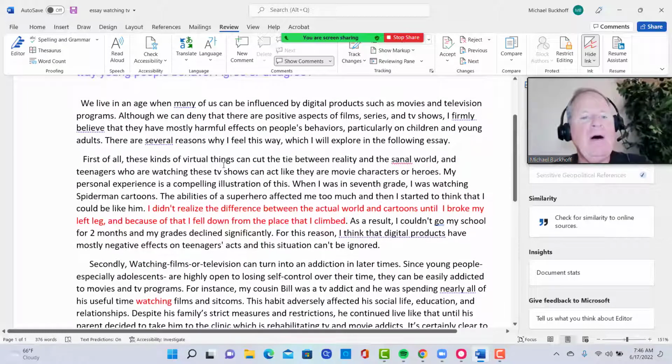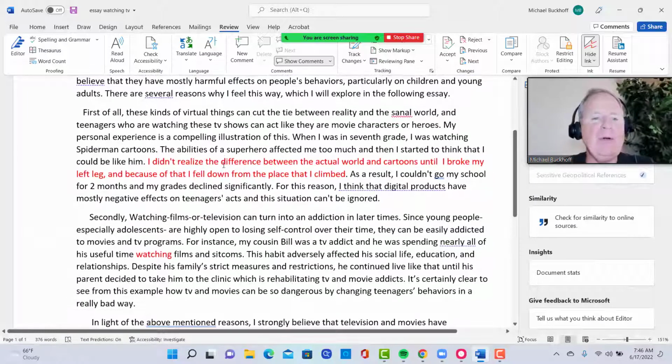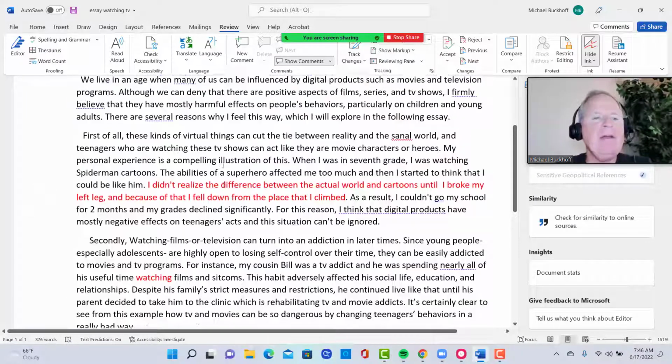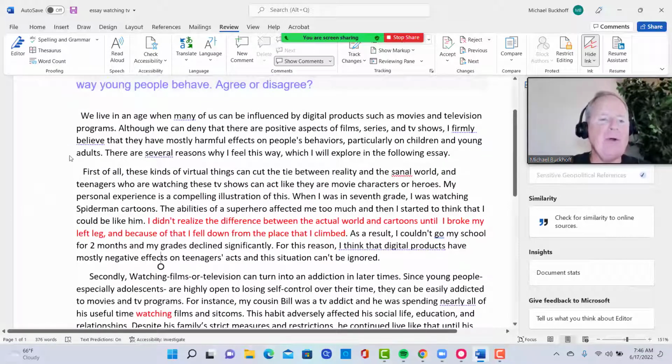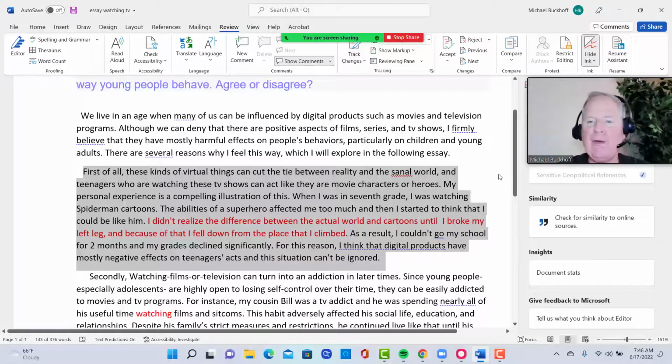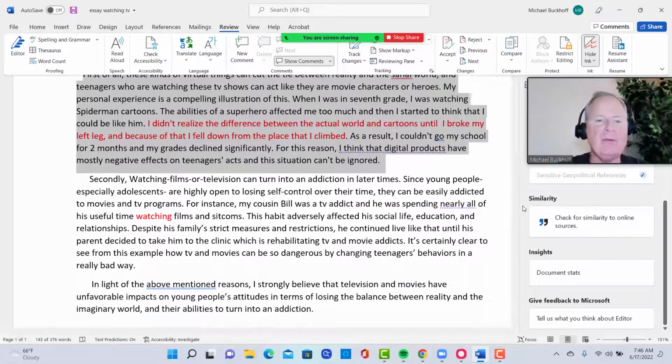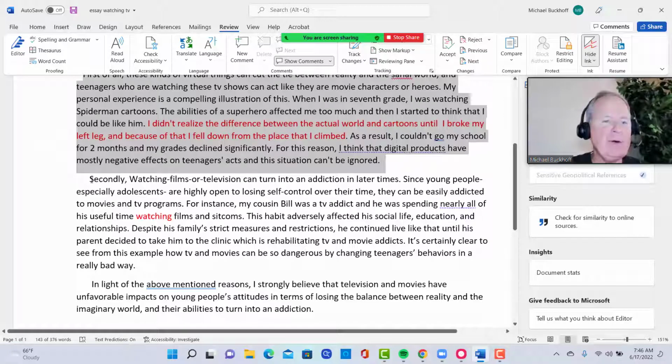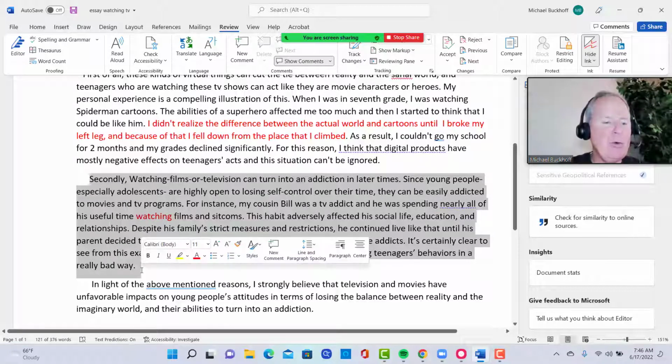Okay, so I think also what you can do here is expand the intro to 100 words, and then get each of these body paragraphs to about 150 words. This one's pretty close. That's 143. This one is about 122. Get this one closer to 150.